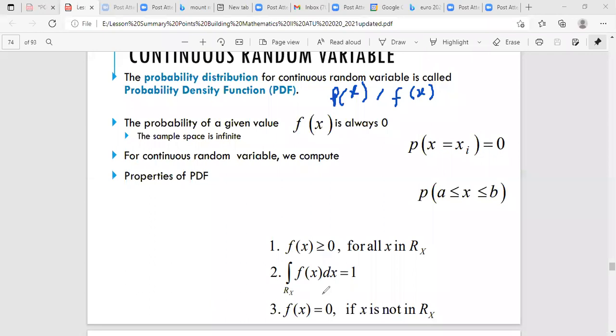Then point 3: when the value of f of x equals 0, it means X is not possible in the what? In the domain.